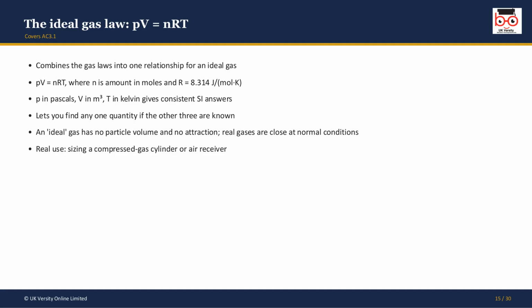The great thing is you can find any one of the four quantities if you know the other three. An ideal gas is an idealization, no particle volume, no attractions, but real gases behave very close to it at everyday conditions. It's just the tool for sizing a gas cylinder or an air receiver.